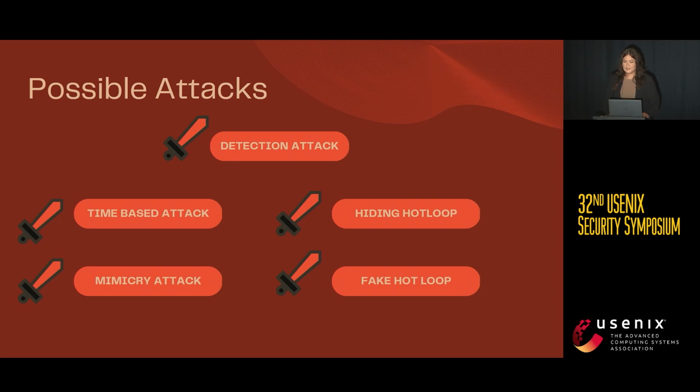Although loop HPC is able to unpack effectively, we still had to consider how a skilled attacker could circumvent loop HPC. And we have discussed the various possible attacks, so please see our paper for countermeasures. However, some of the possible attacks that could occur to loop HPC include a detection attack, time-based attack, hiding hot loop, mimicry attack, and fake hot loop.